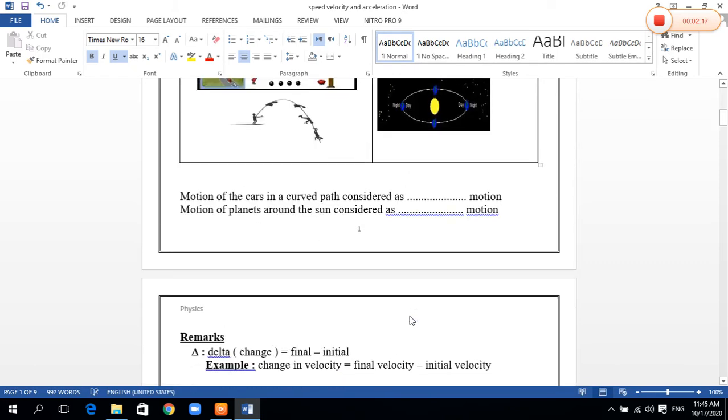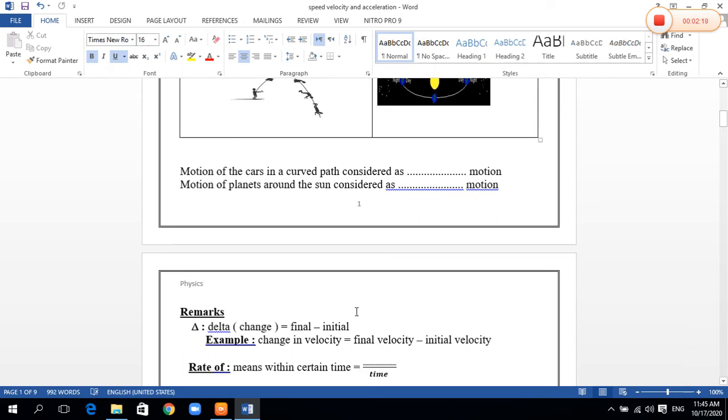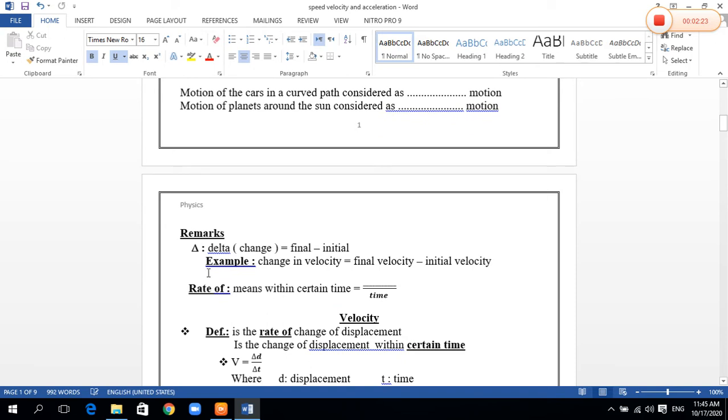Okay, now let's see some notes that are important in physics. The first remark is delta. This symbol, the triangle, represents a word called delta, and it means the change, meaning the final physical quantity minus the initial physical quantity.